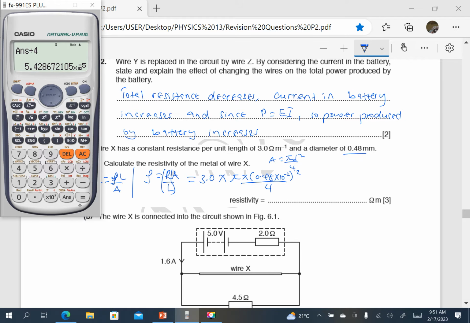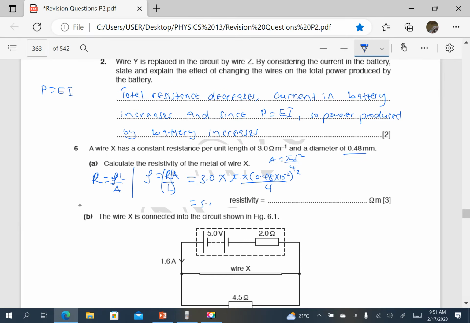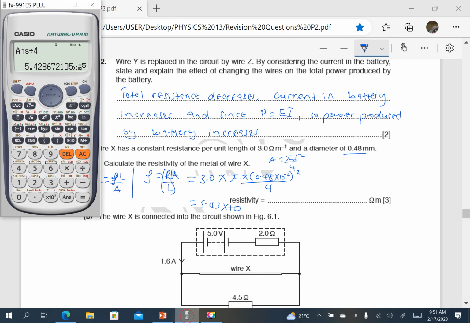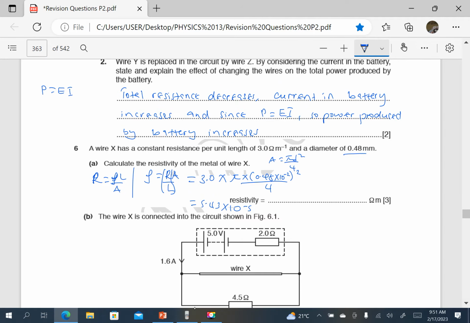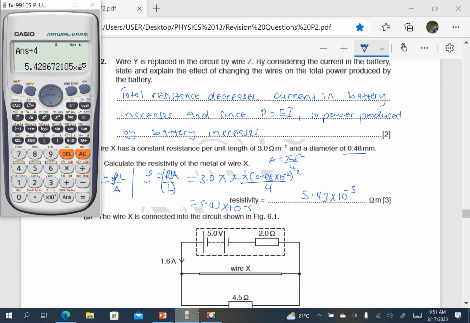So we are seeing that the resistivity is equal to 5.43 times 10 power negative 5. Let me check it again. So we have 3 times pi times open brackets 0.48.